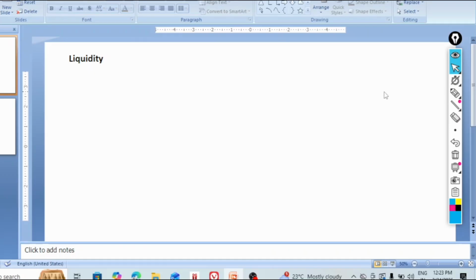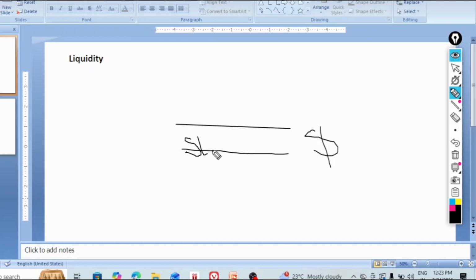Liquidity is an area where there is availability of money in the market, like the stop losses or pending orders, and buyers or sellers.